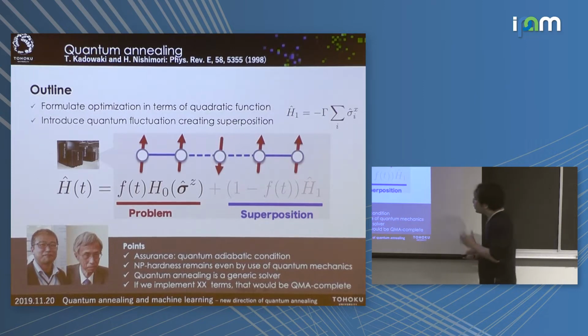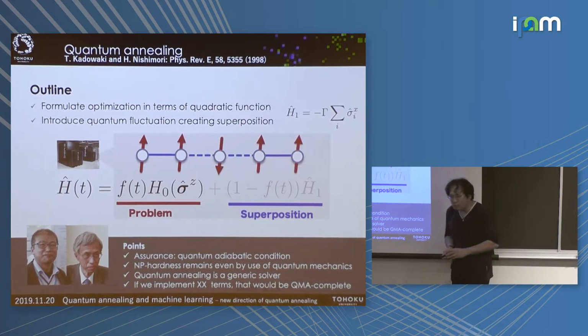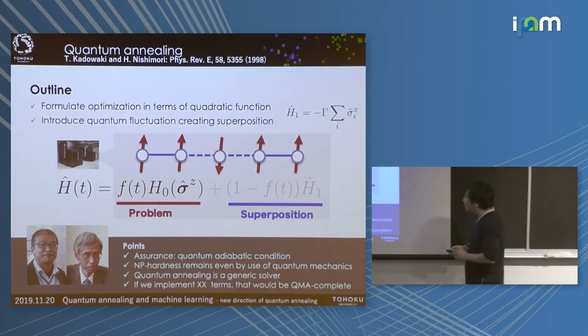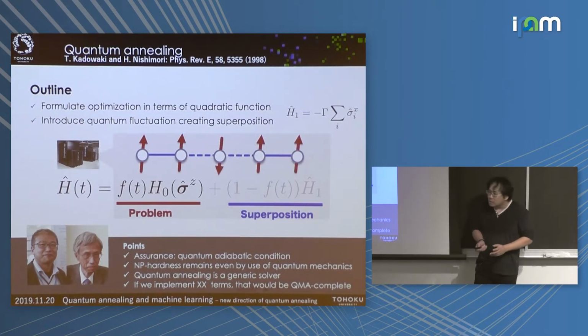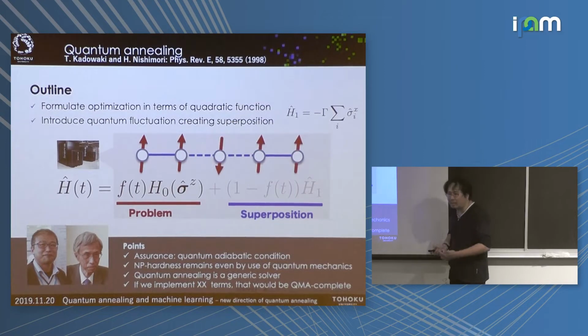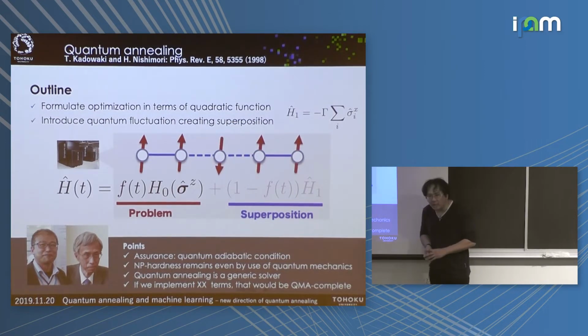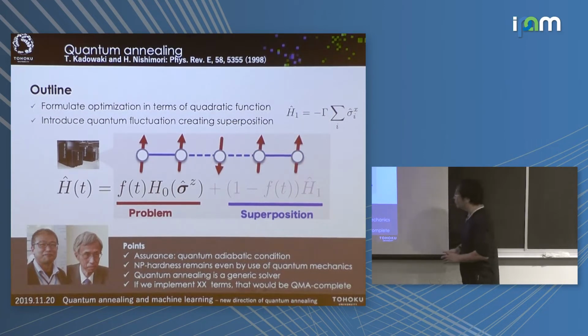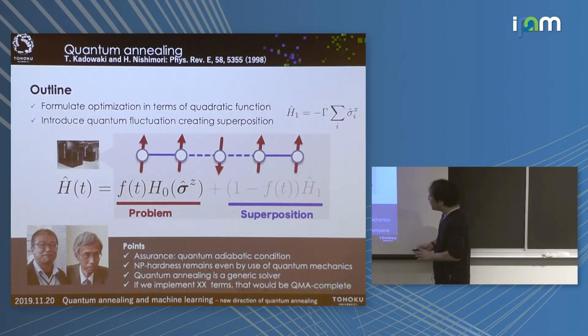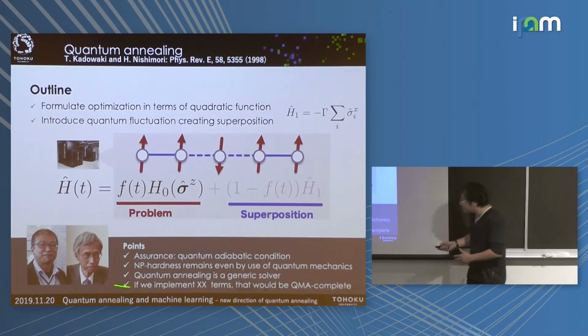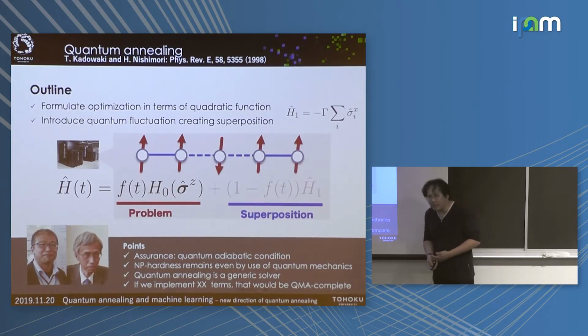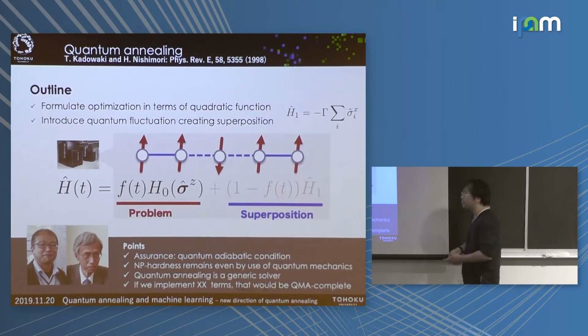We have some theoretical assurance for quantum annealing. According to the quantum adiabatic condition, we can obtain the non-trivial ground state after the quantum annealing process. The bad news is that the NP-hardness of the problems remains, even by use of the quantum fluctuation, even by use of quantum annealing.